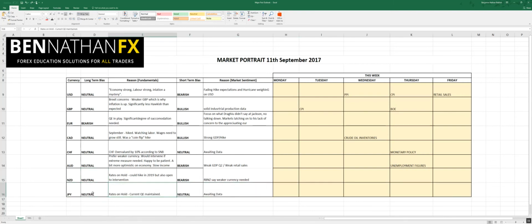And finally, looking at the yen, we're very much neutral on this. Rates are on hold. They're maintaining their current QE. Neutral in the short term. Basically, we're waiting for some data. We did have an inflation miss recently. It failed to spur the yen down significantly.